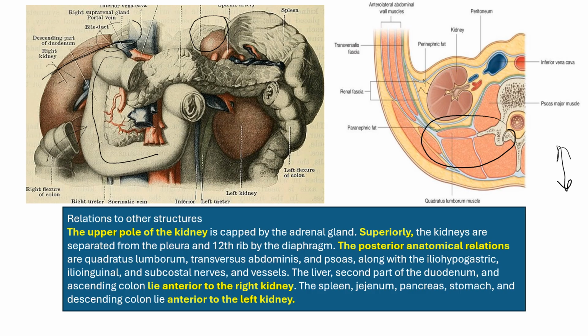So the right kidney has relationships anteriorly with the liver, duodenum, and the ascending colon. The left kidney has relationships with the spleen, pancreas, and the stomach, and also the jejunum and descending colon as well. They all lie anterior to the left kidney.